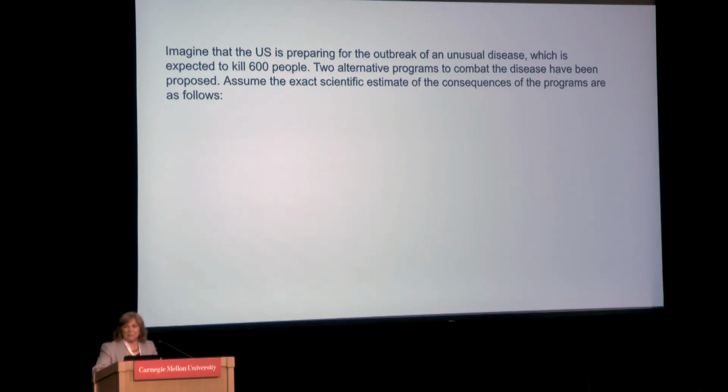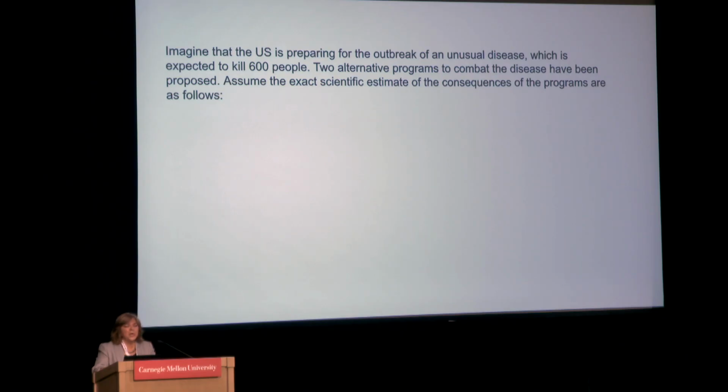This is an example of a common bias that is presented in the literature. I'm sure many of you would know this example, but I'm going to go through it just to make the point. So the classical example is about an Asian disease where you have a number of people that are expected to die from this disease, 600 people.